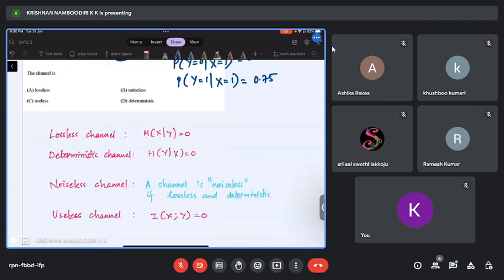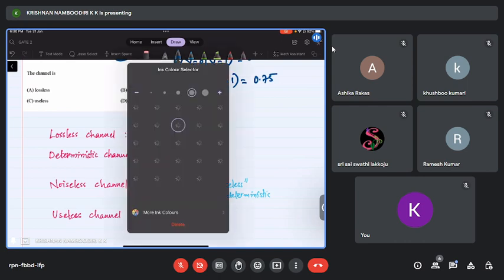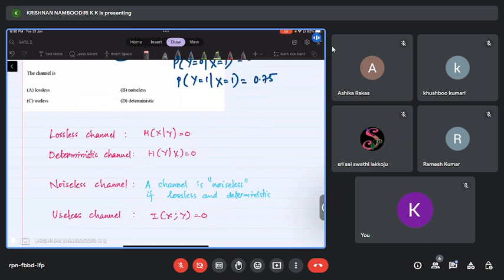So first we will see what is a lossless channel. The information theoretic definition is this: H of X given Y equals 0. I already told that H denotes the entropy. Entropy means uncertainty.